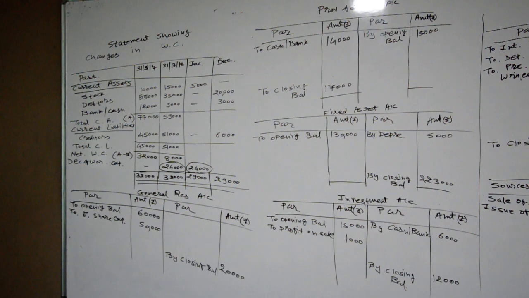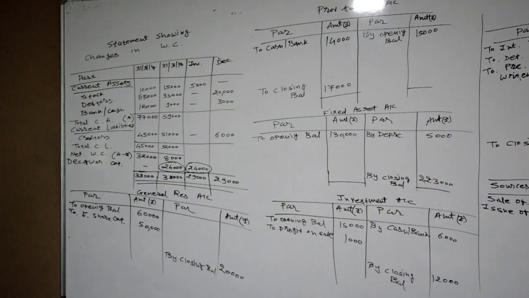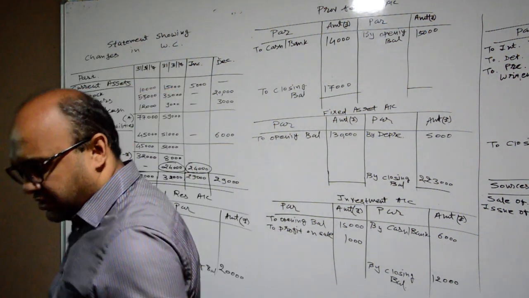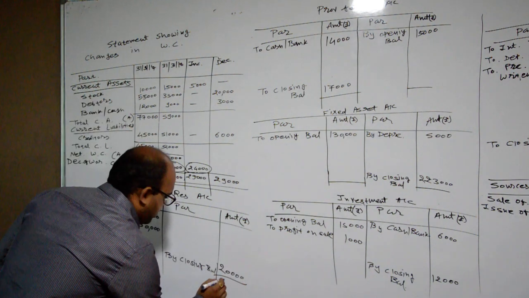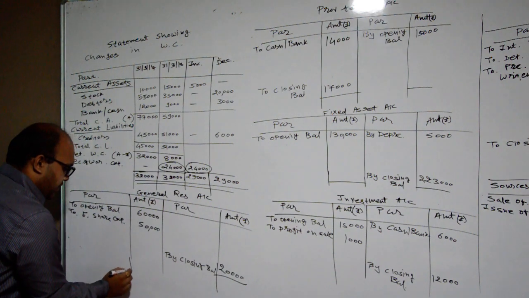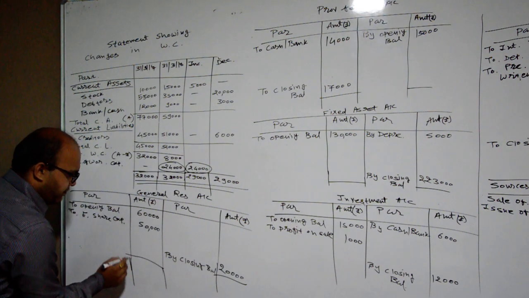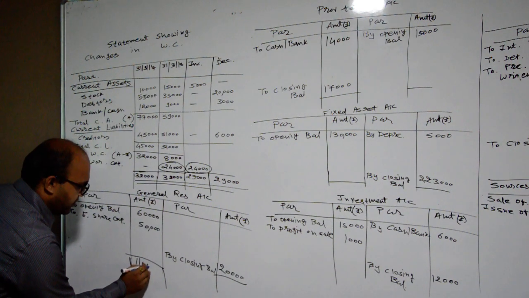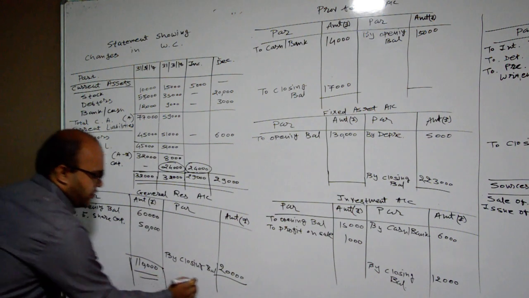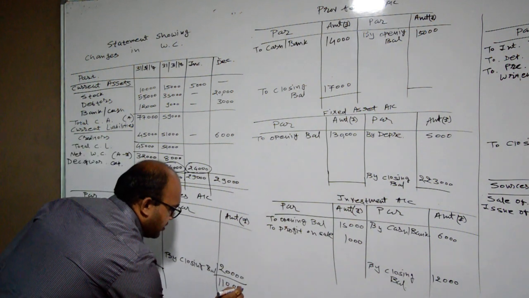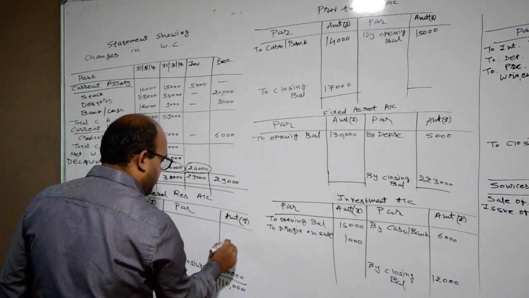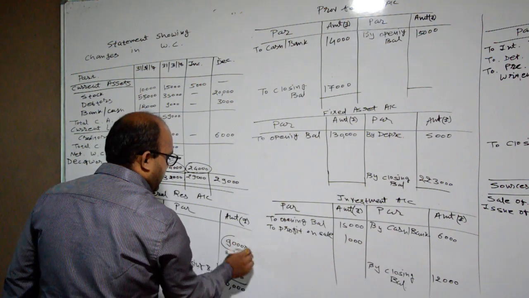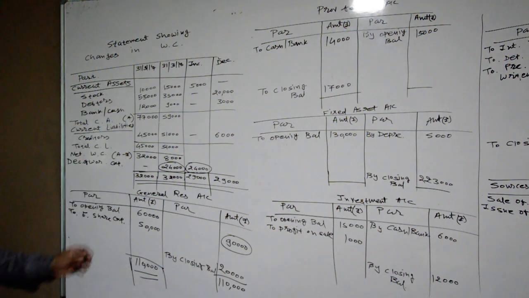First of all we will close our general reserve account. Here the closing balance is rupees 20,000, and here the balance is rupees 1,10,000. So a difference of 90,000 rupees is coming.